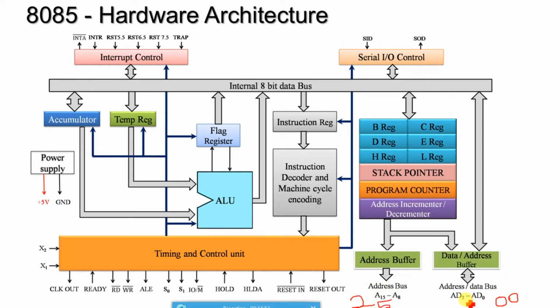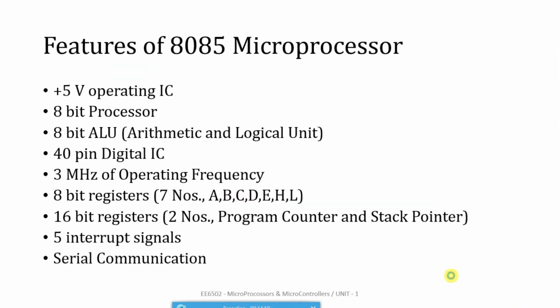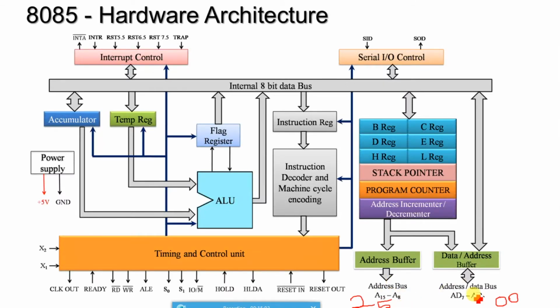By accessing 2501, after going to that location, the data there is 05. That data will be sent through this path.